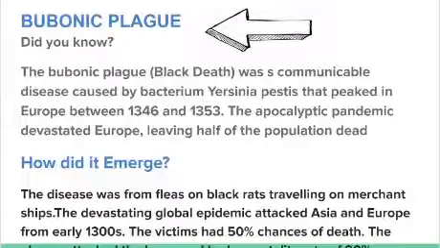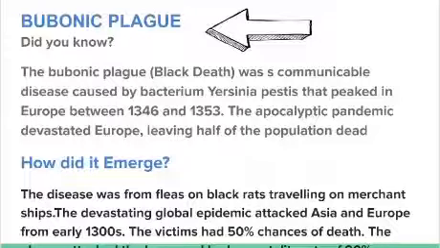Okay, so we have what is called the bubonic plague. That was one of the worst plagues or pandemics that ever occurred in history. The bubonic plague, also known as Black Death, was a communicable disease caused by the bacterium Yersinia pestis that peaked in Europe between 1346 and 1353. The apocalyptic pandemic devastated Europe, leaving half of the population dead. And yes, I said half the population.